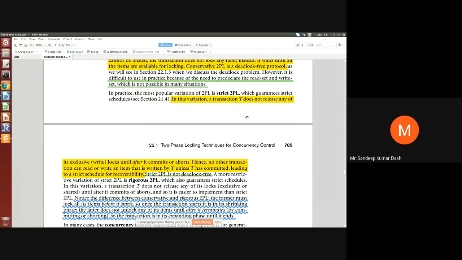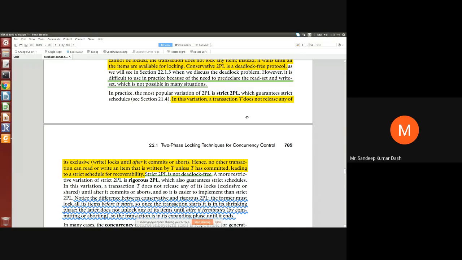There are two different types of locks, as you know: one is read lock and another is write lock. Write lock is also called exclusive lock. Read lock is also called shared lock.